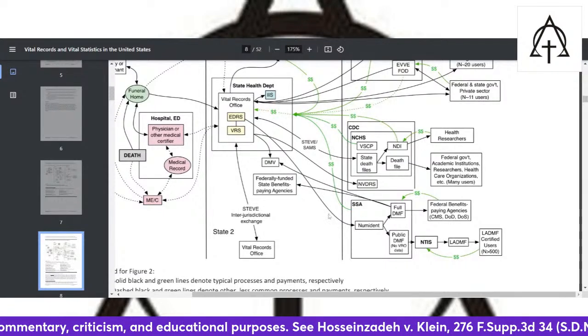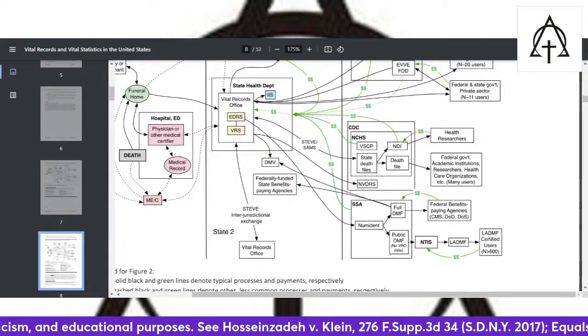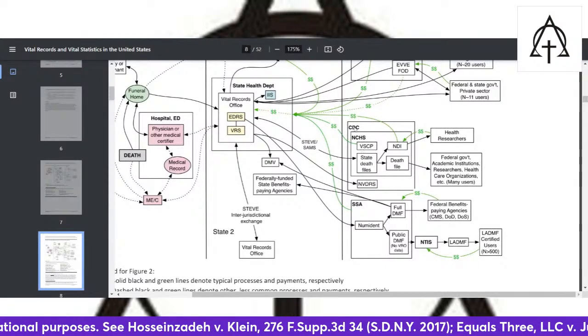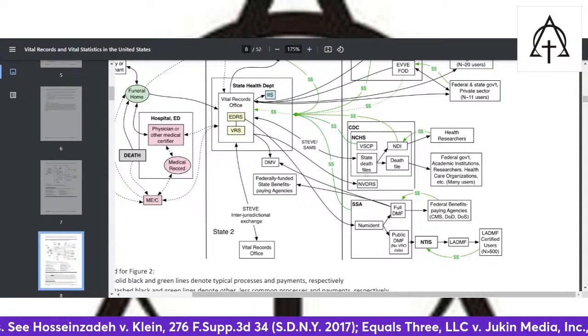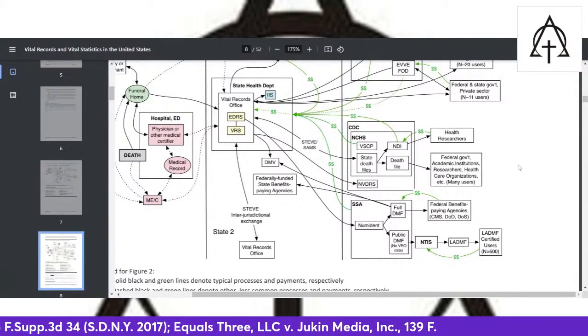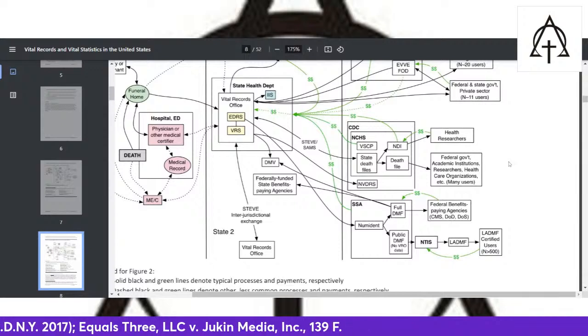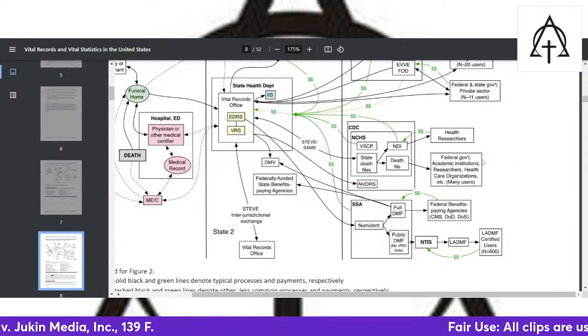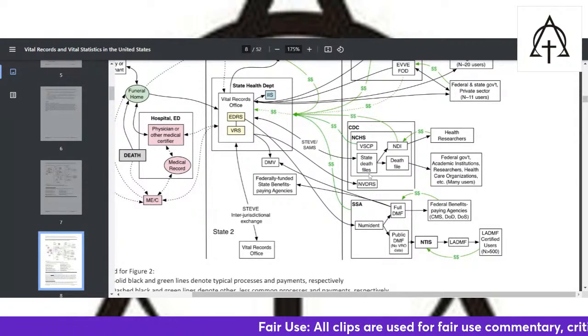The Numident is your financial statement on everything. CDC, state death files, death file, federal government. This is all meant for the National Archives so that they can use it in a continuing education, research, and development project known as public education and social services.